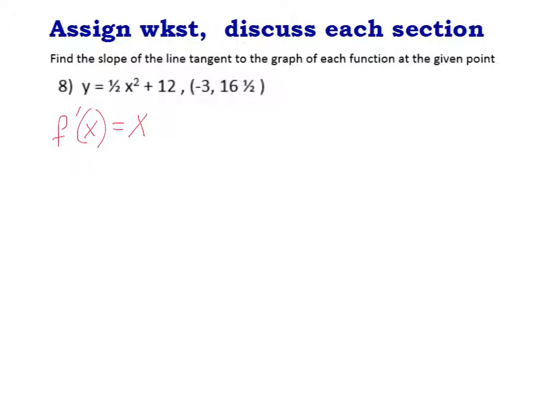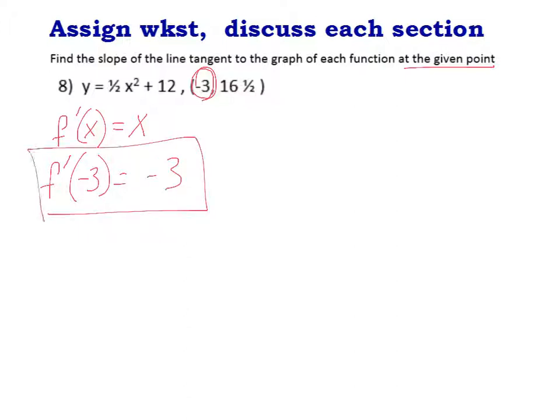Plus 12, any constants just go away. The derivative of my function is just x. Now, if I want it at a given point, that means I'm going to take this x value and see what is the slope at that particular x value. So I'm finding the derivative at x equals -3. Well, plug -3 into the function and you just get -3. We're done.